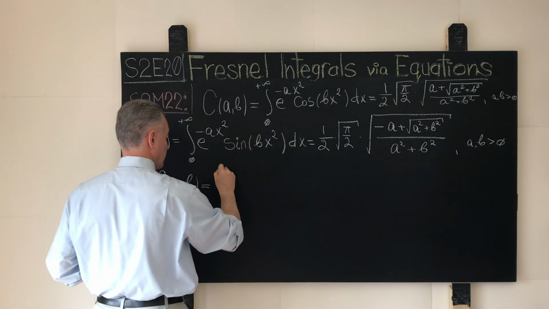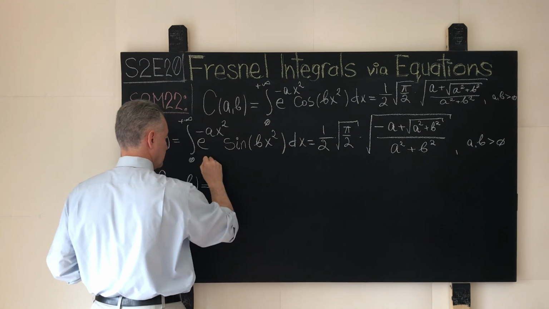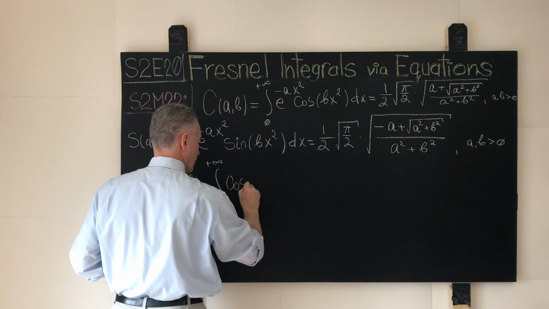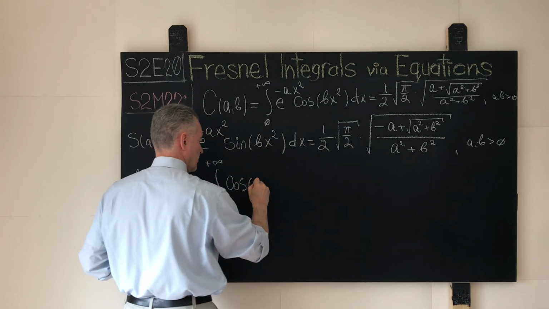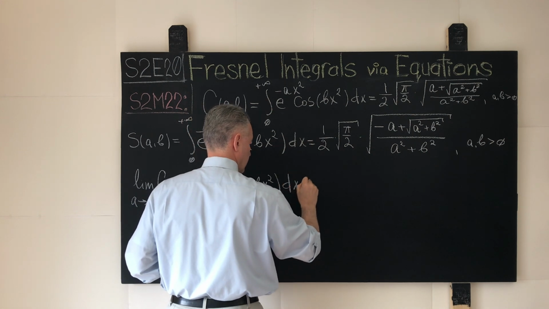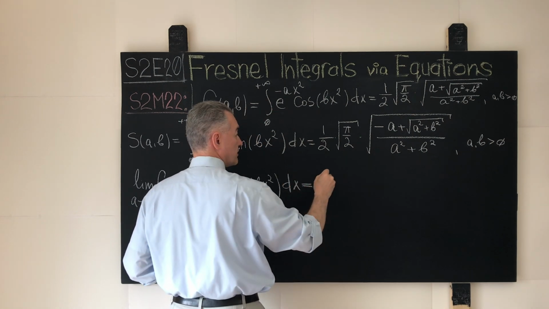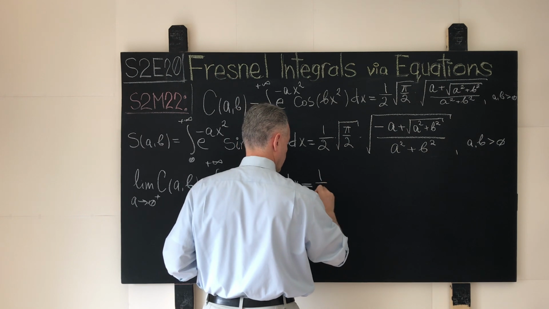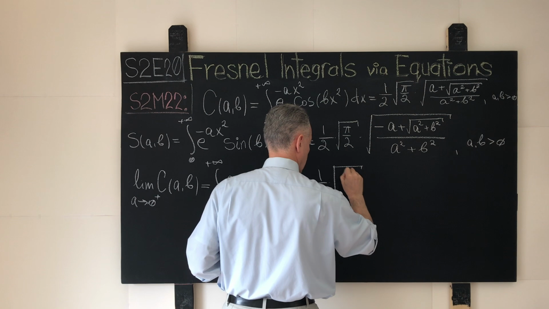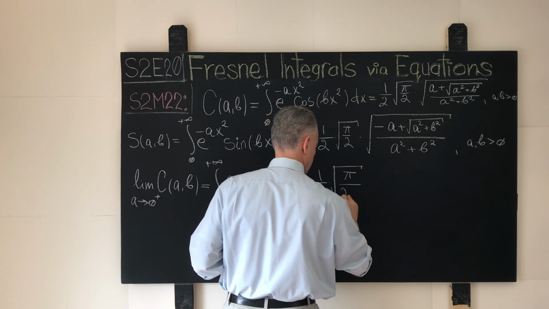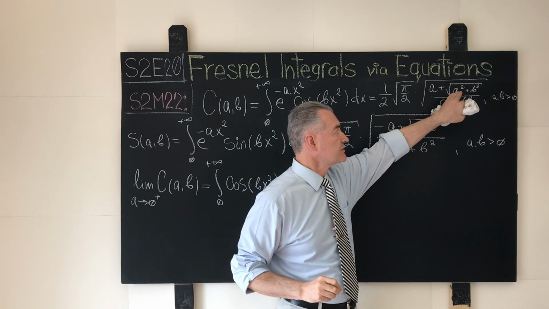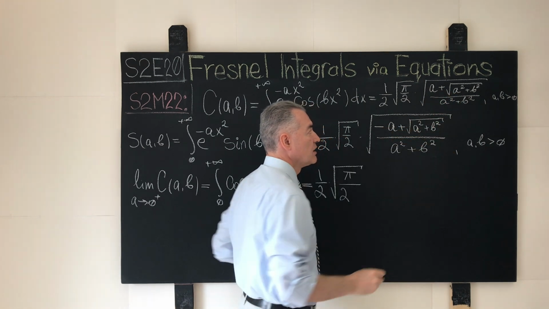We will have the integral from 0 to positive infinity of cosine of bx squared dx. And now let us carefully write down this expression: 1 over 2 times square root of pi over 2, what? a is 0.